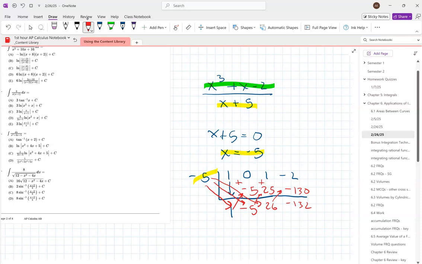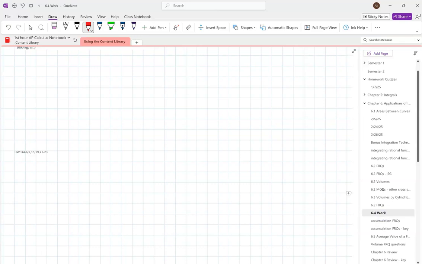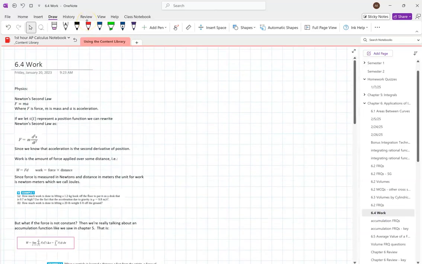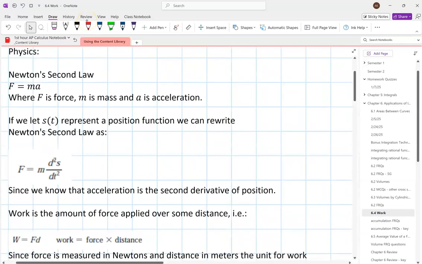Okie dokie then. So today we're going to finish up chapter 6. We're going to do section 6.4 and 6.5. They're both rather small sections, so shouldn't be a big deal.